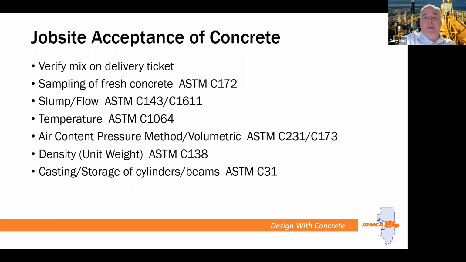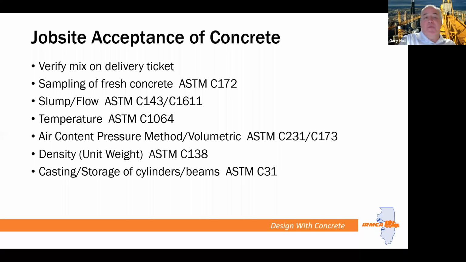And sampling typically takes place in the middle 2/3 of the batch. There is a provision where if you're just checking for initial slump and air content, you're allowed to take that from the first quarter yard of the concrete. However, if you are composing cylinder samples, the sample should come from the middle of the concrete batch.